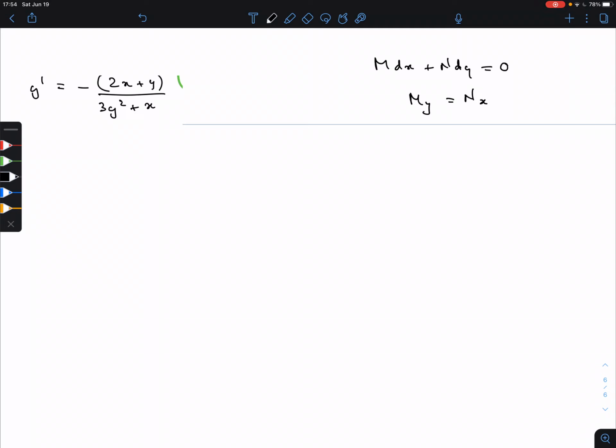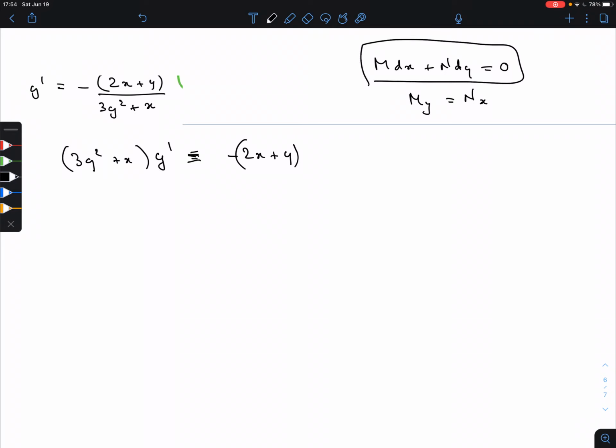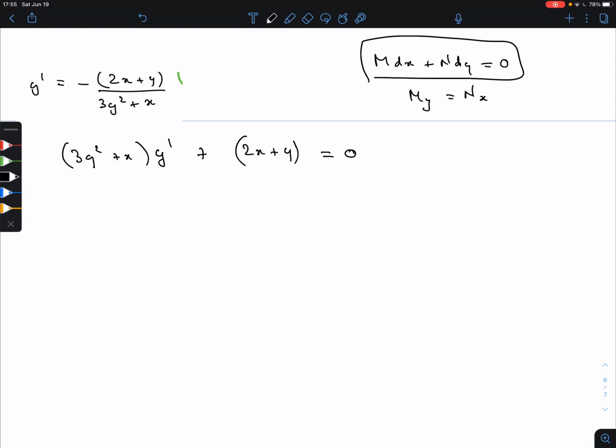So we multiply here. This becomes y prime equals minus 2x plus y. So perhaps I should bring this to the same side, right? Because look how it's written, everything is on one side. So if I do this, this becomes a plus. I'm going to be a little bit lazy here and put a plus here, equals 0.